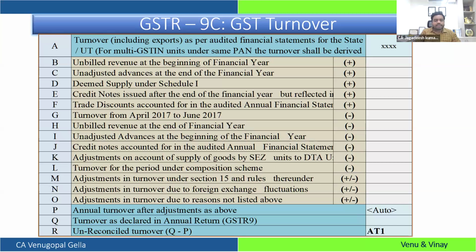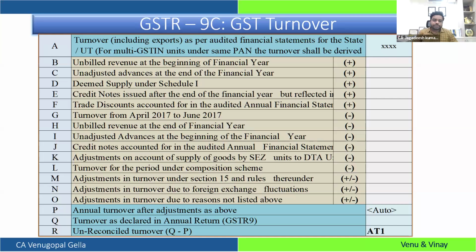If you see 5B, unbilled revenue at the beginning of the financial year, you add that unbilled revenue to your book turnover, and reduce the unadjusted advances. Similarly, the unbilled revenue at the end of the financial year, if you reduce that, the turnover will get matched with your GST turnover.